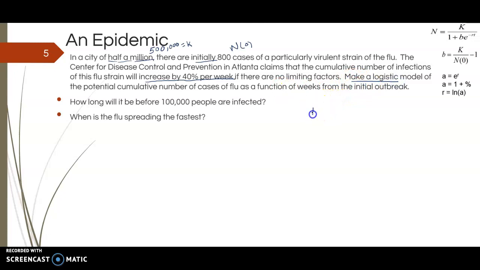So I start out with N equals, and we set our K value, our cap on this entire thing, our limiting value, as 500,000.